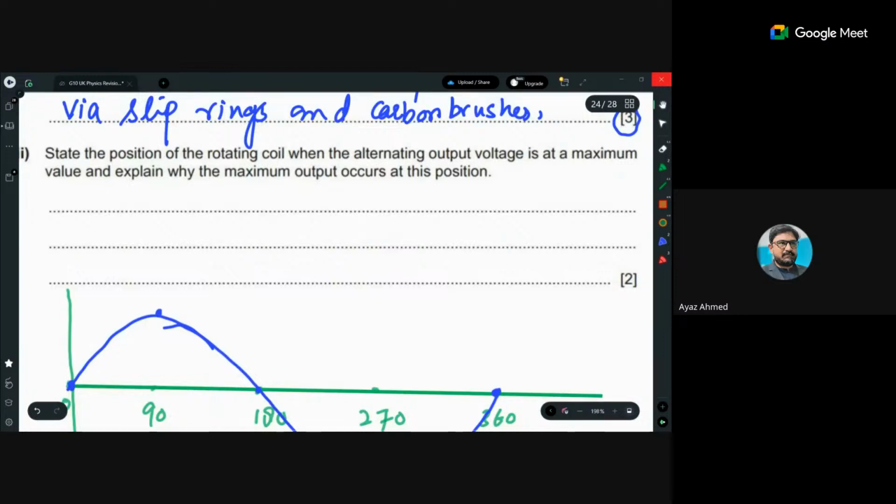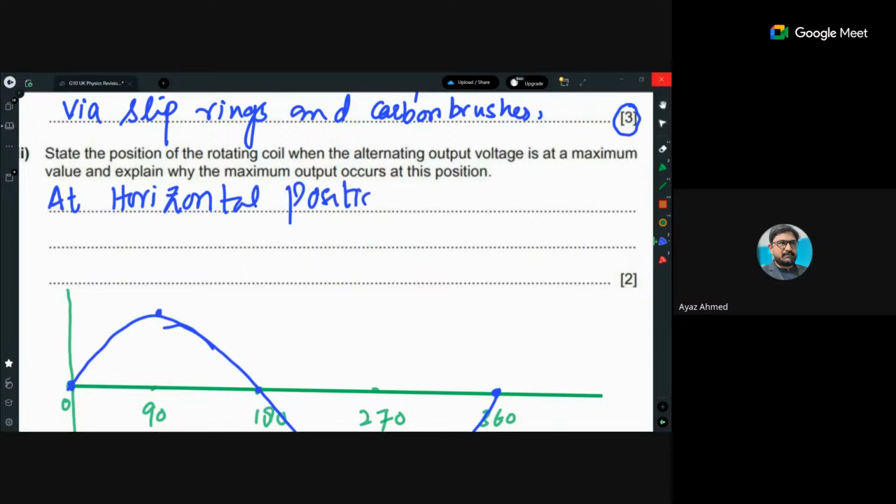State the position of the rotating coil when the alternating current is maximum, and explain why the maximum current output is at this position. So what will you write first? At horizontal position. You have secured one mark here. And one more mark will be awarded to you: because the rate of change of flux is maximum here.